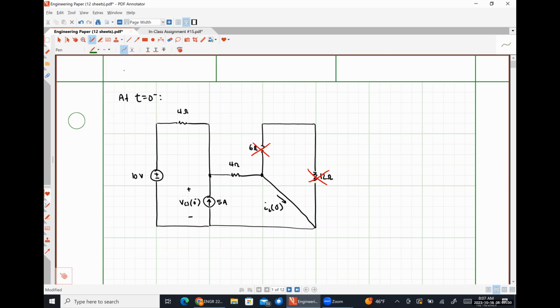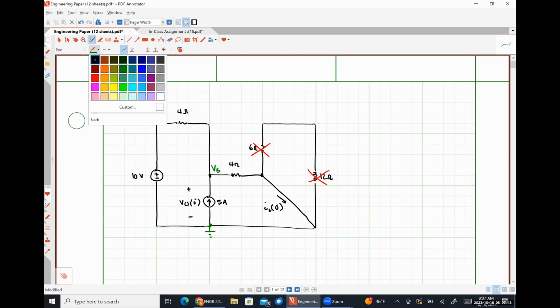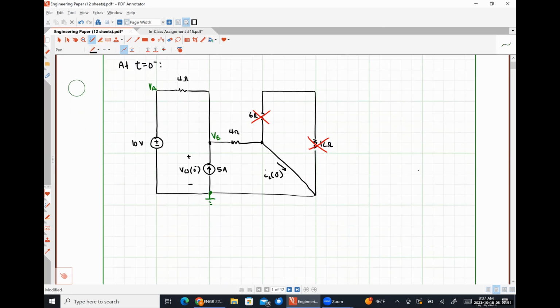So I'm going to choose my bottommost node to be ground. Let's call this VA, this VB, and I believe those are the only nodes I have. We can see by inspection that VA is just equal to 10 volts.